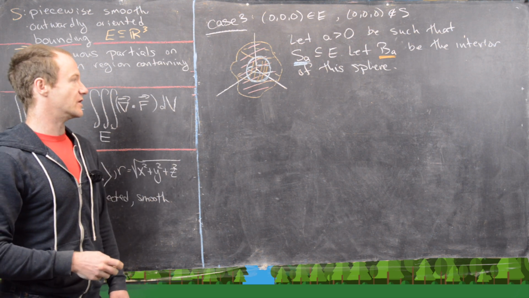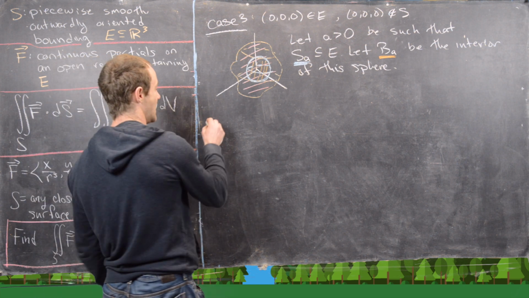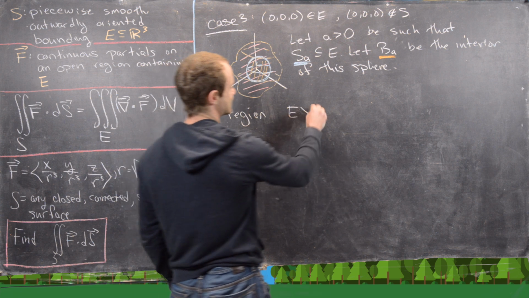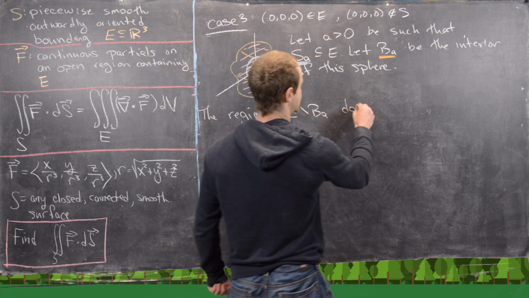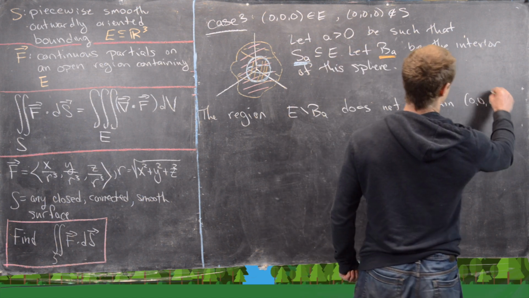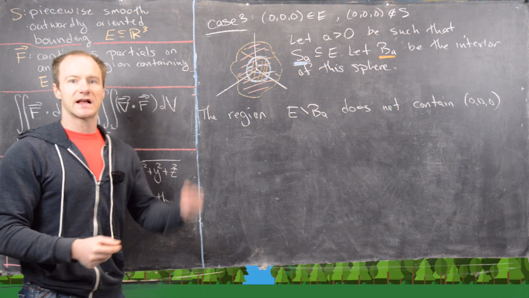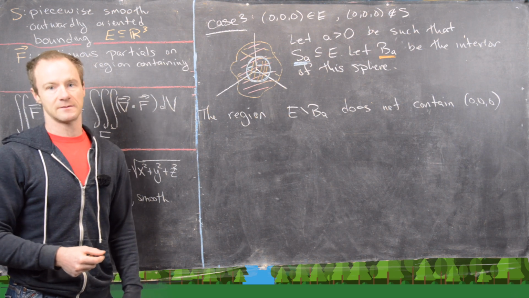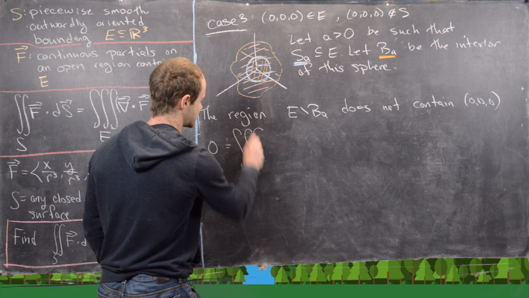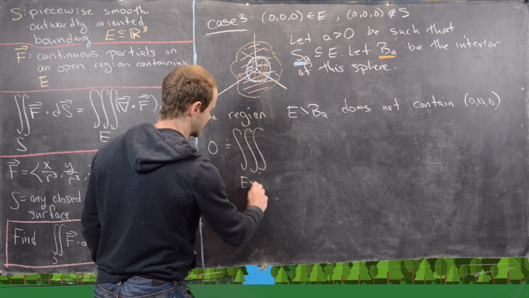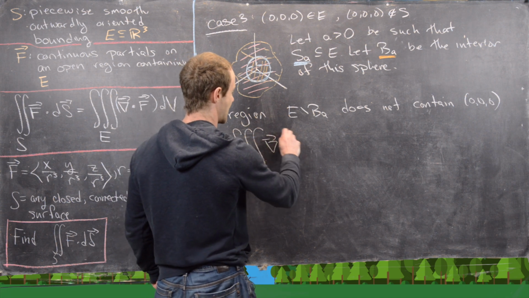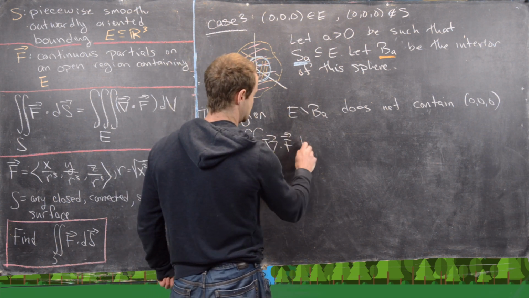Okay, fantastic. But now what we want to notice is that the region given by E minus BA does not contain the origin. And in fact, case number 2 applies to that, which tells us that we have 0 equals the triple integral over this region, E minus BA, of the divergence of F dV.